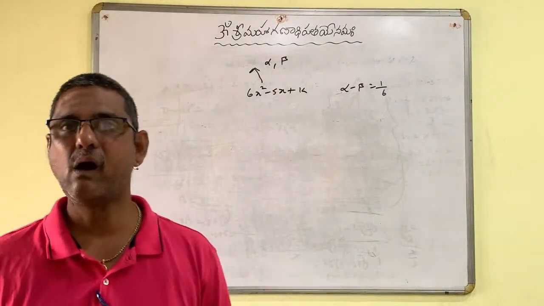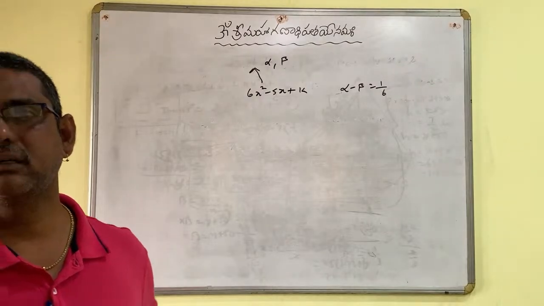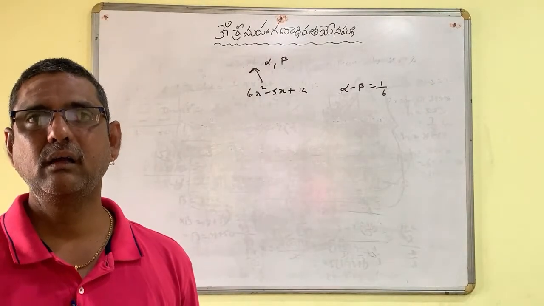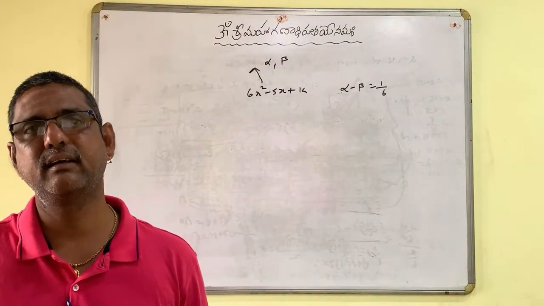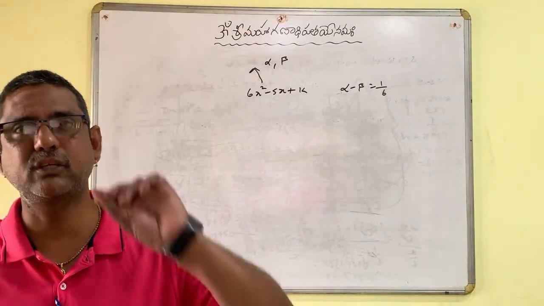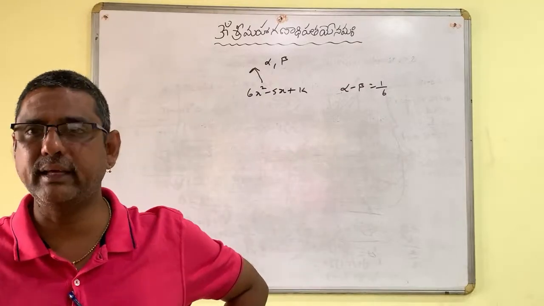No one? How to do this? Alpha, beta are the zeros of 6x square minus 5x plus k, given, na? Alpha minus beta value is also given.